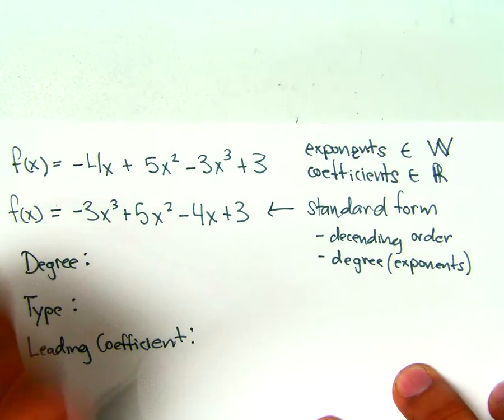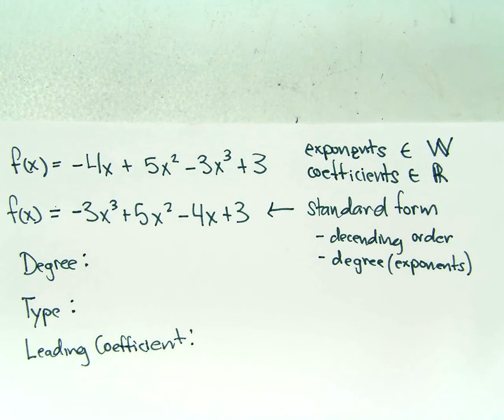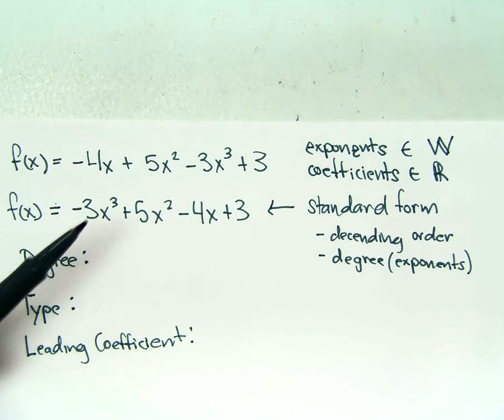Okay, those are the three things we want to be able to find. Okay? The degree is going to be determined by the highest exponent. Okay? So the highest exponent is the 3. So the degree is 3.